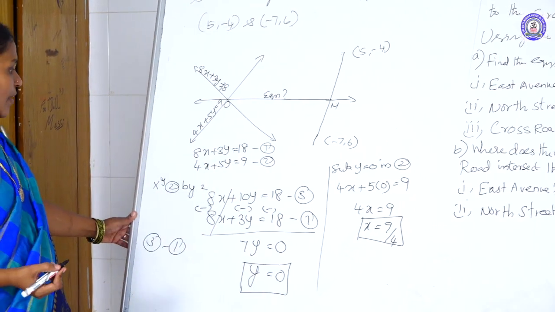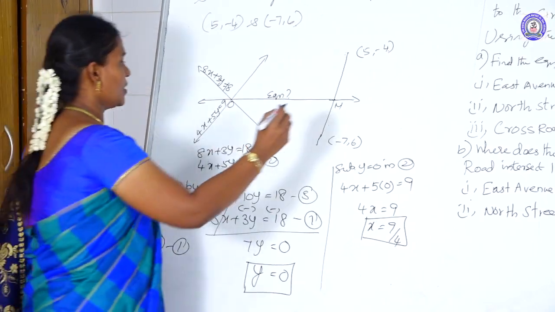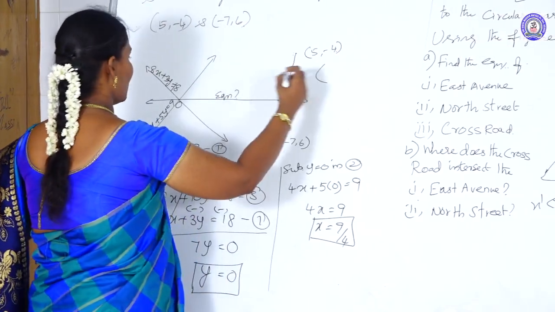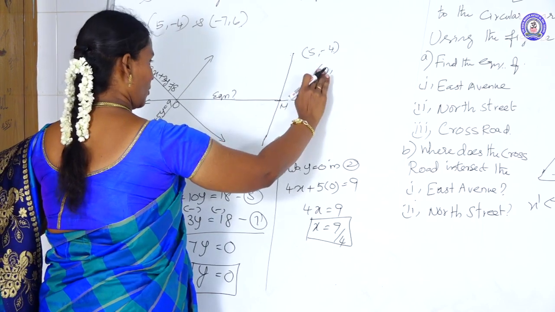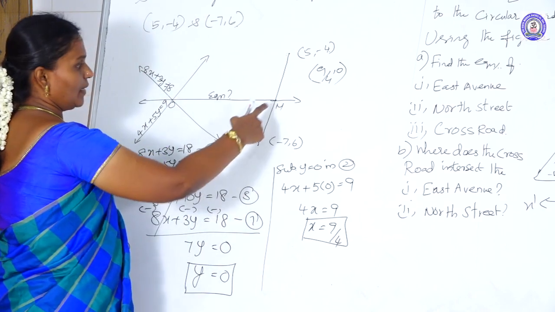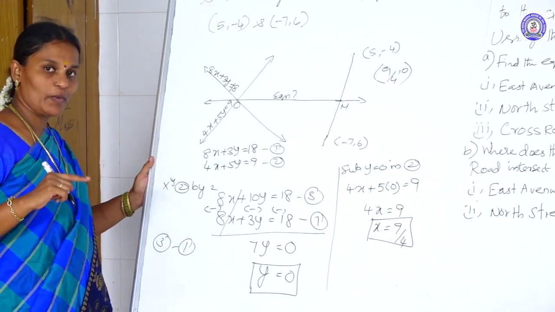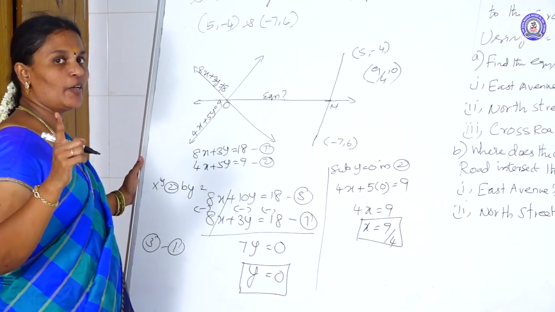Okay, so now find out what the points are. The point of intersection is (9 by 4, 0). And here the midpoint, you already know the midpoint formula: x1 plus x2 by 2 comma y1 plus y2 by 2.